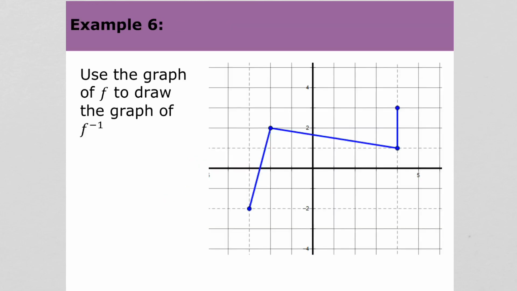And so we are going to look at an example of this. So to plot the inverse, we are reflecting about the line y equals x. And just like we've been doing, we switch the x and the y. So this point, the point -3, -2, becomes -2, -3.